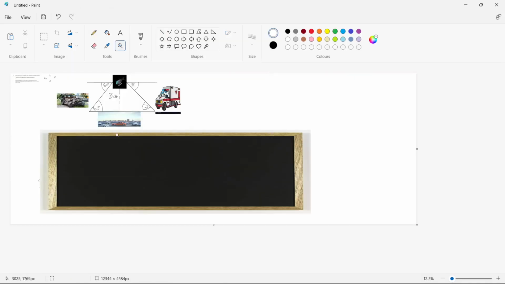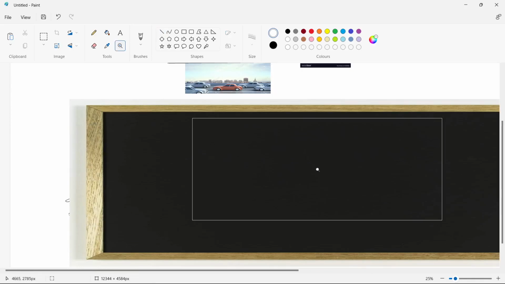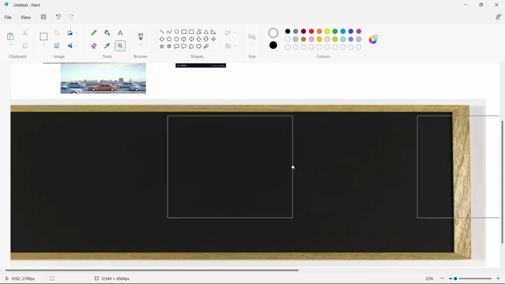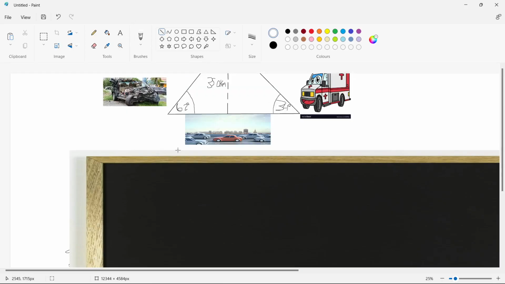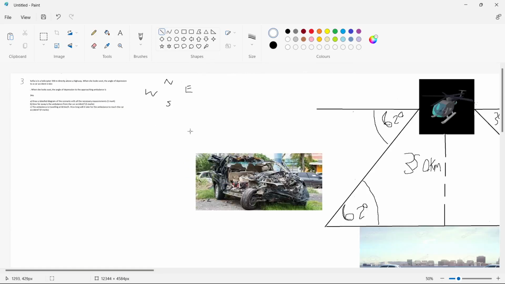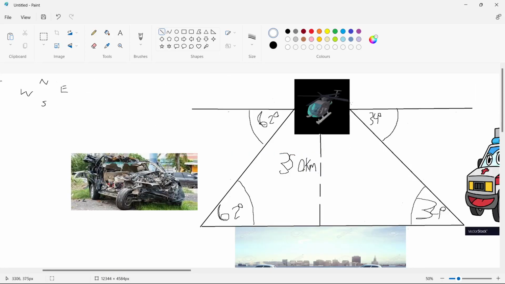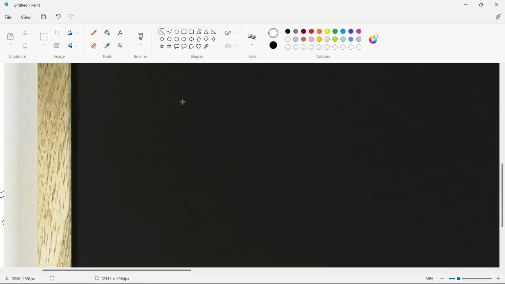Over here I have my little blackboard, and we're gonna be doing it on my blackboard. What we're gonna have to do is split the triangle in half, and it's gonna look like this.